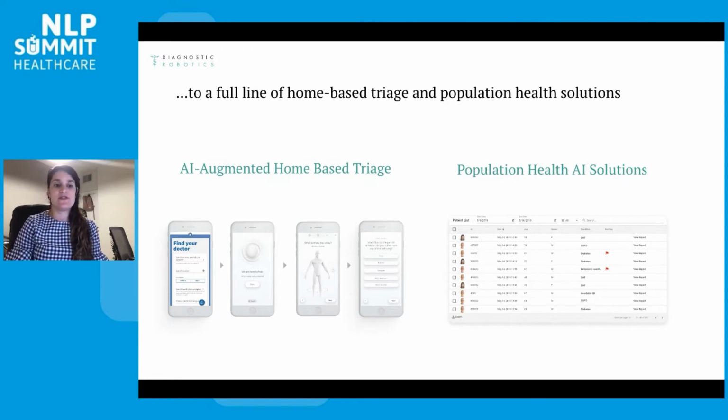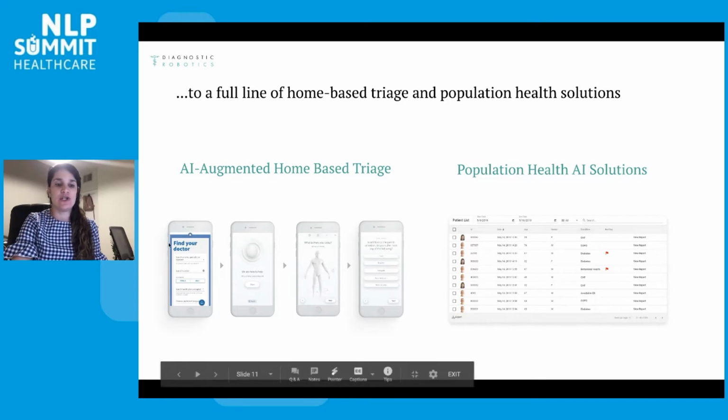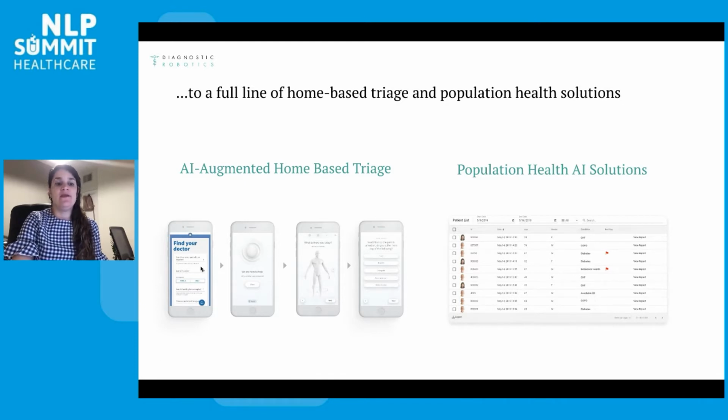One problem is to build AI augmented home-based triage. So we have the applications where the patient can fill our questionnaires from home. He doesn't have to come to the emergency room, and that's how we save time and money of the patient in waiting in the emergency department.